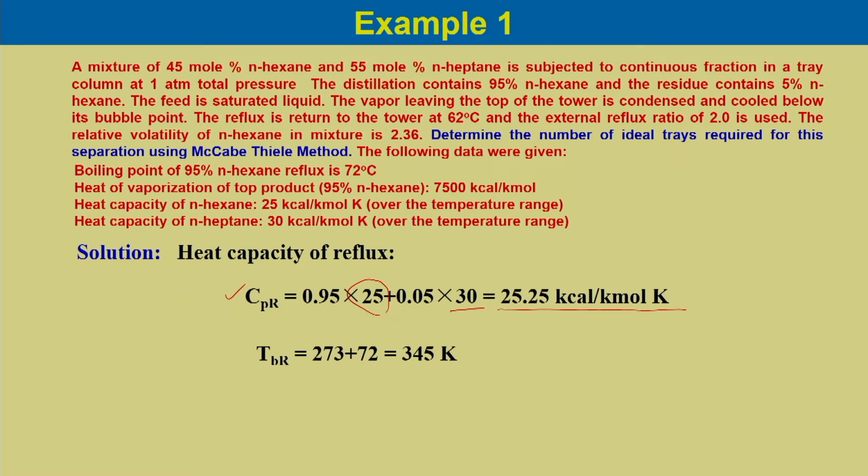Now, TBR is 72 degree centigrade, so TBR would be equal to 273 plus 72, so 345 Kelvin. The return reflux at the top of the tower is at 62 degree centigrade, so TCR would be 273 plus 62, which is 335 Kelvin.